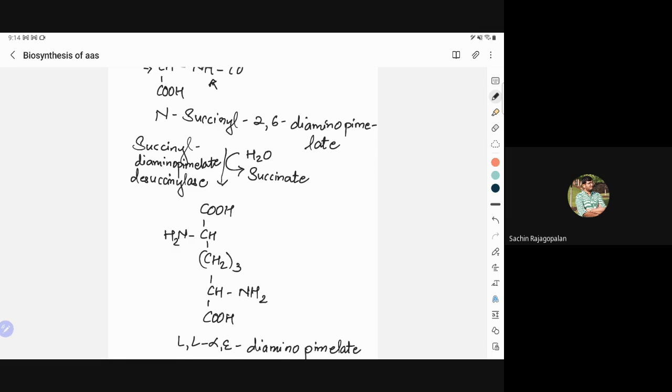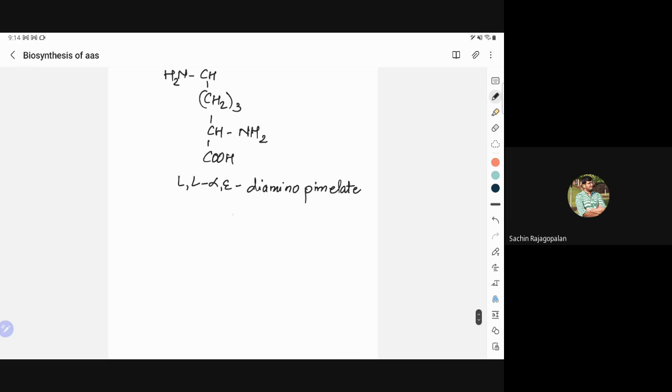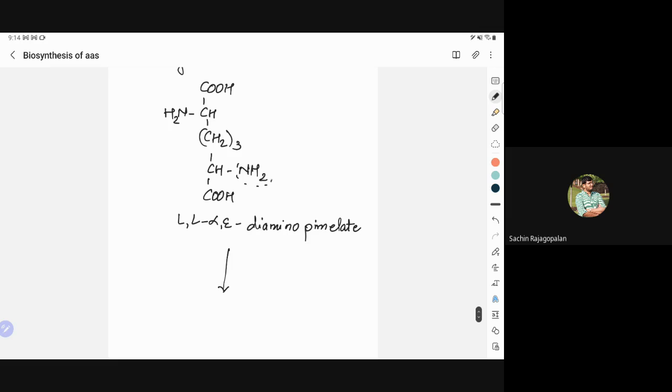Now the next reaction is a very easy reaction because it's just involving adjustments. It's an epimerase reaction wherein this NH2 group, you're going to shift its orientation to the other side. That's it that you're going to carry out.